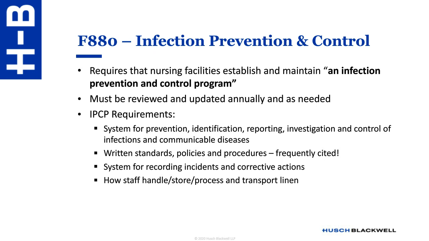It also requires having a system for recording incidents identified under the program and the corrective actions that are taken by the facility. And also, very importantly, it requires the facility to have policies and procedures in place addressing the transport, handling, and processing of linens, how to separate contaminated and clean linens, and proper linen storage.